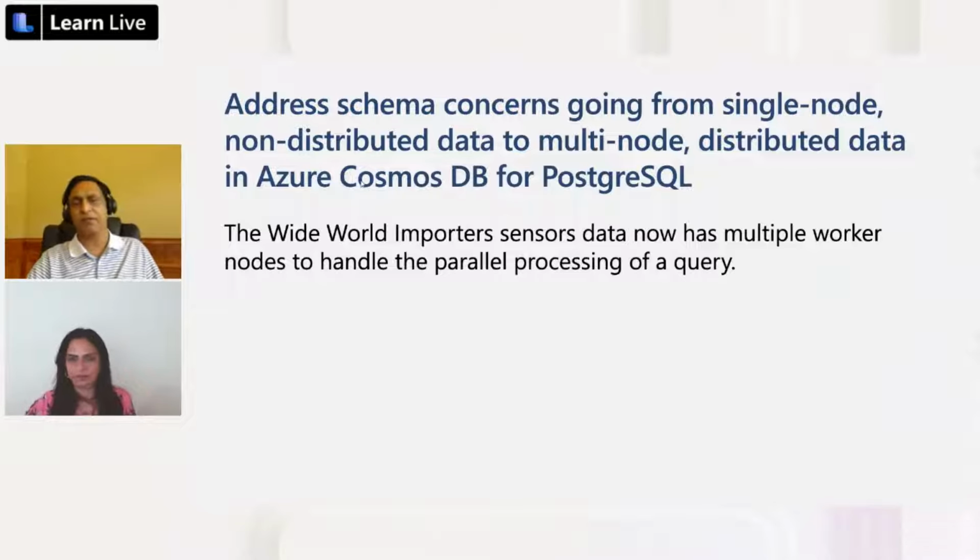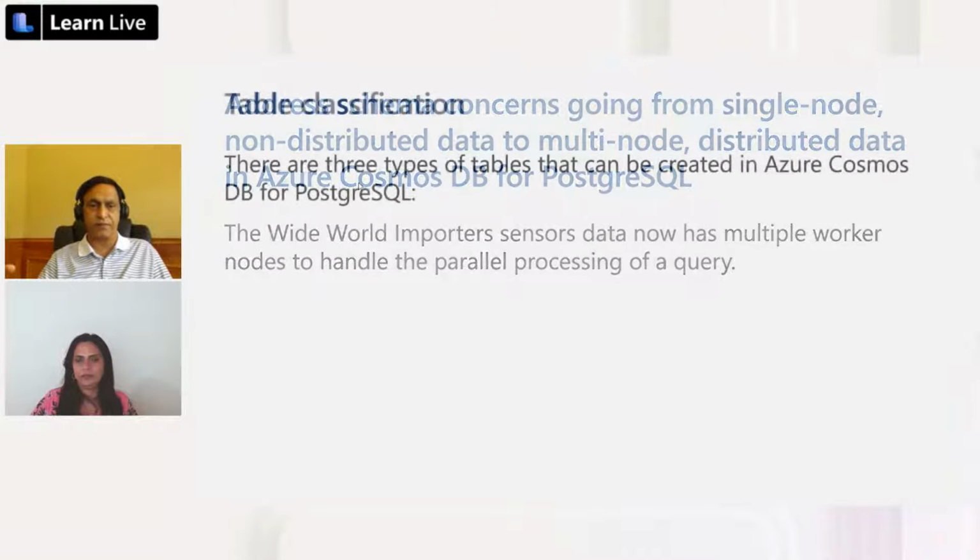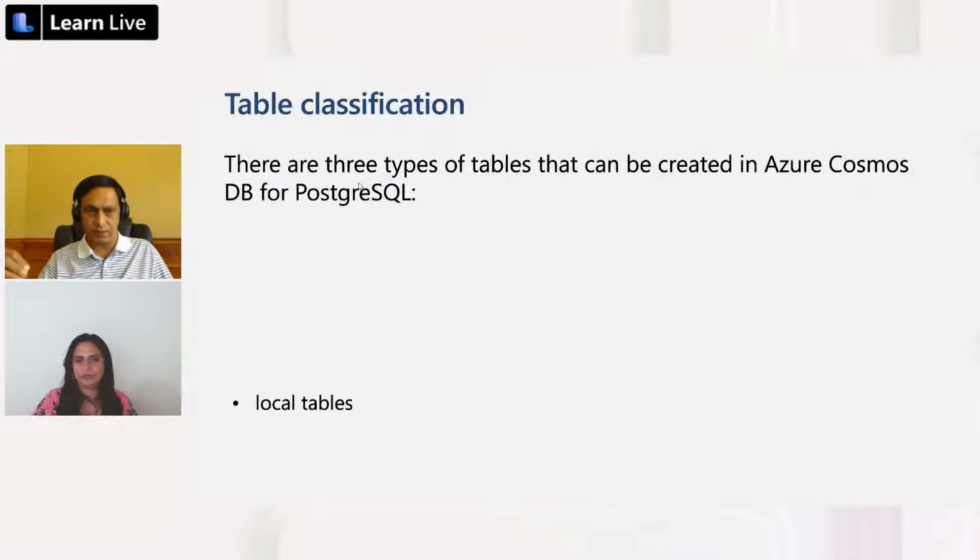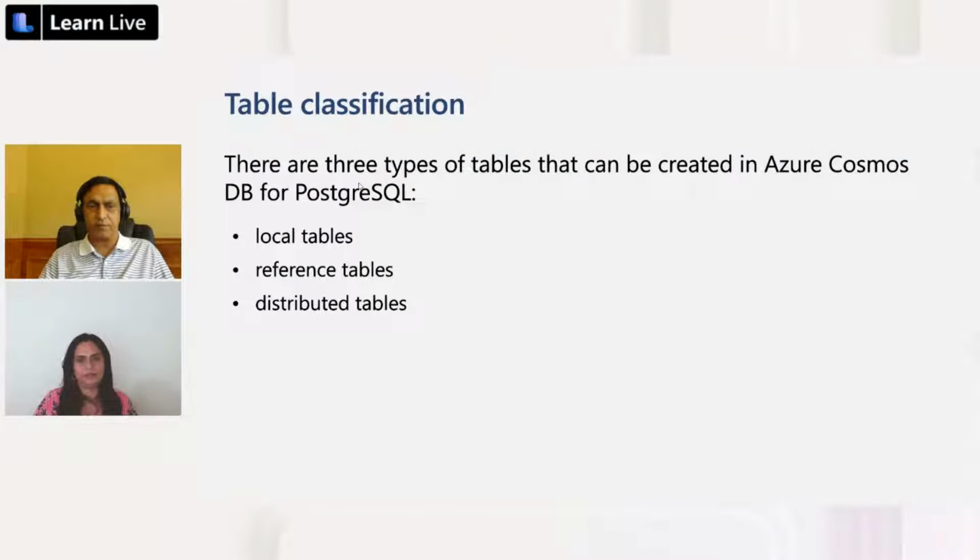Basically, table classification. So for the distribution PostgreSQL, it will have three types of tables. So basically, one is local tables, and then second one reference tables, and then the third one is the distributed tables. So what does local table mean?